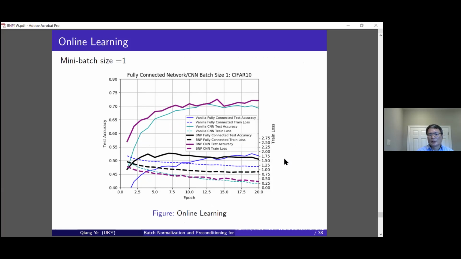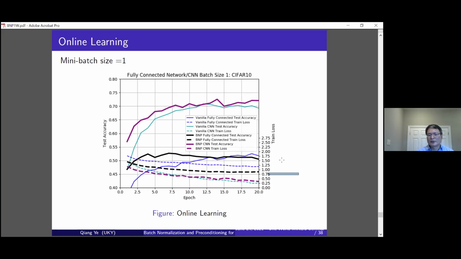I put the fully connected network and the 5-layer CNN both in the same figure here. The blue line is the vanilla network, and then the black line is the BNP for the fully connected.